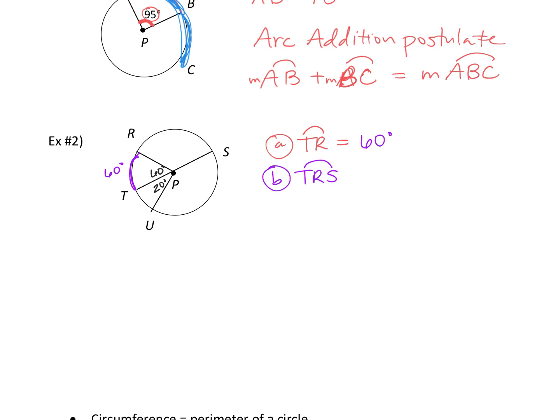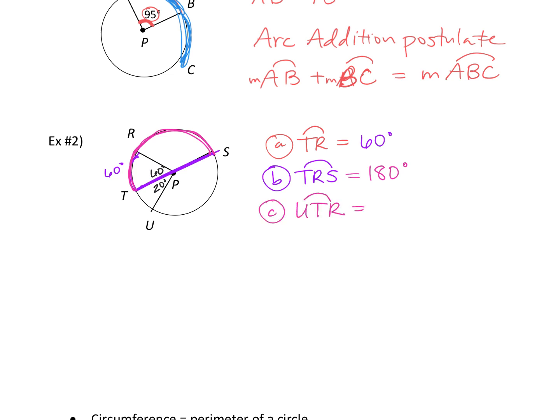That's 180. Look for diameters, you guys. Anything that cuts straight across, that's a diameter, and a diameter is always going to create 180 degrees. So this arc right here, T to R to S, is going to be 180 degrees. It's a semicircle.